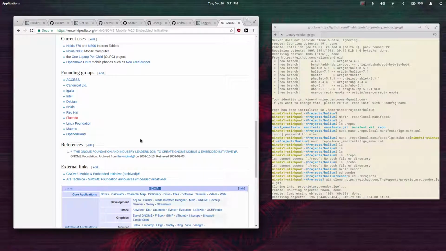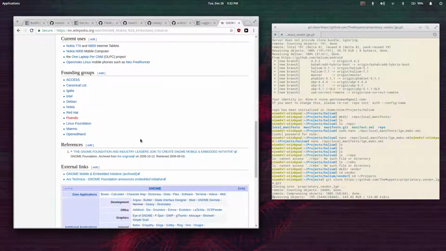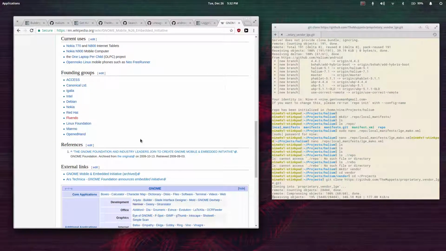So, I guess the first hurdle to overcome is the lack of distros targeting handsets, and then the second hurdle to overcome is the lack of nudes. And I think Halium is probably the best project so far, in that it already has 2 projects using it as middleware, using it as a hardware abstraction layer.